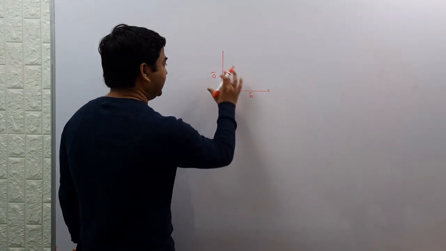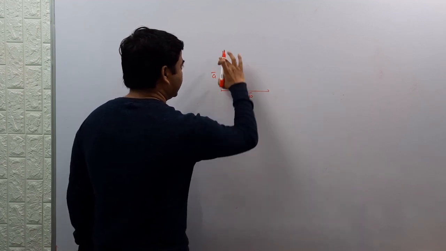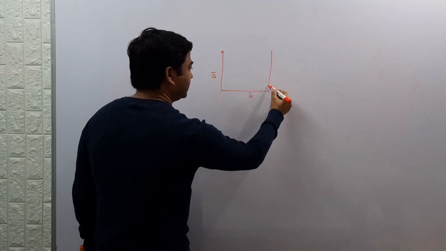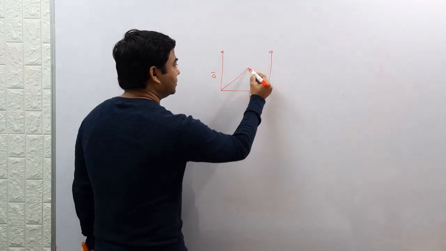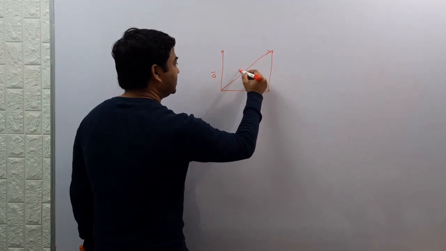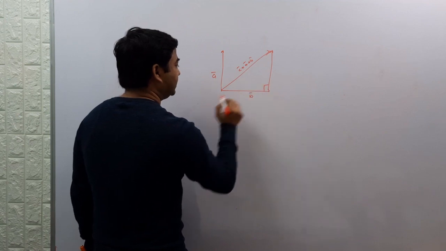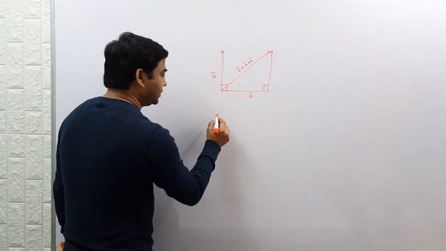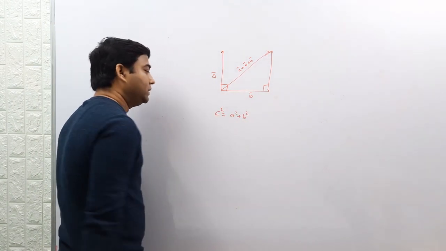So here A and B. You want to add this vector, transfer this vector here to add it sequentially by triangle law. And you know this is the vector C, which is A plus B. This is 90 degree. This is 90 degree. Here you can see that C square is equal to A square plus B square.